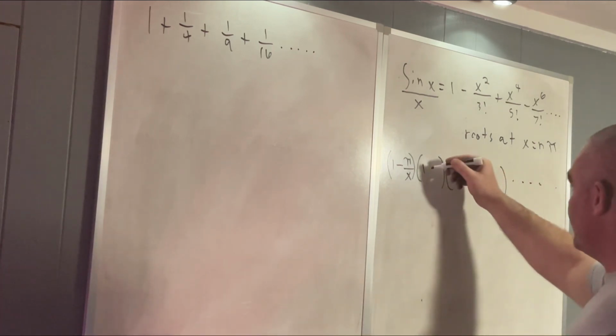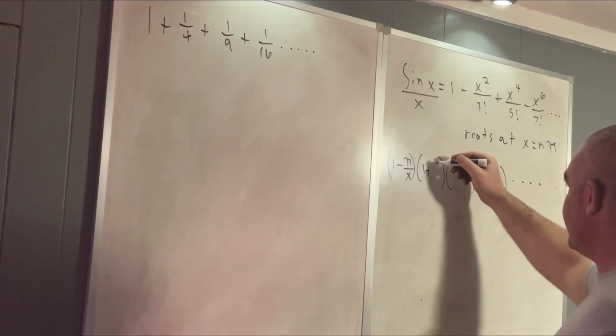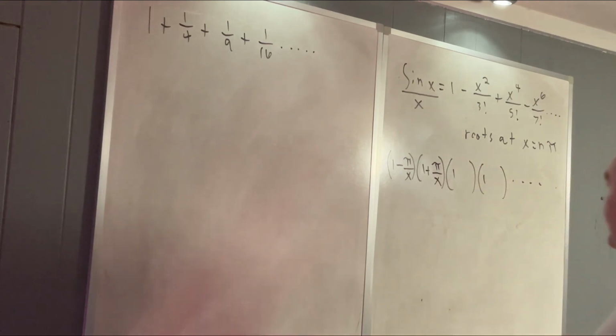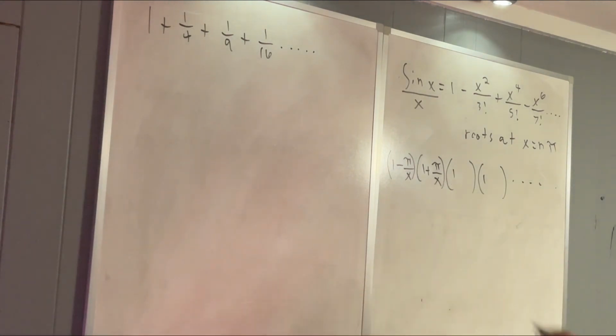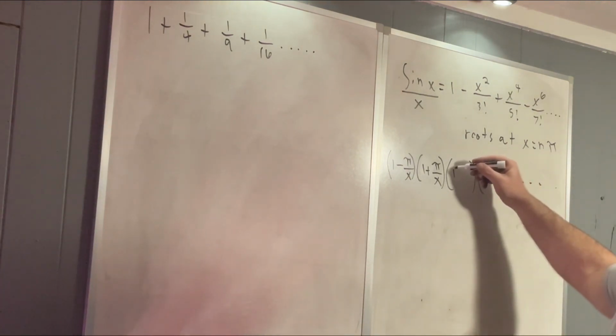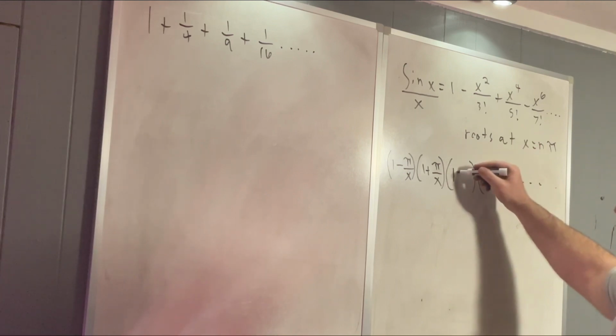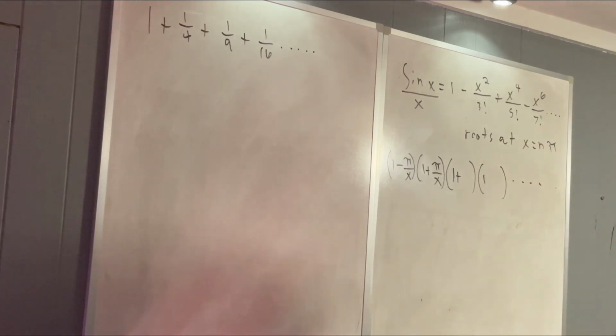Also, we could get a 0 like this, plus pi over x. Because we know that negative pi is a root, and if we plug in negative pi, we get 1 minus pi over negative pi. In other words, 1 minus 1, in other words, 0. Let's keep going. We also could get a 0 like this.